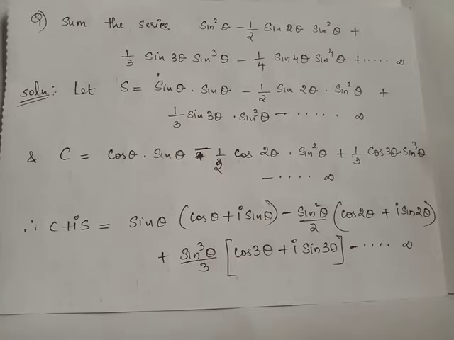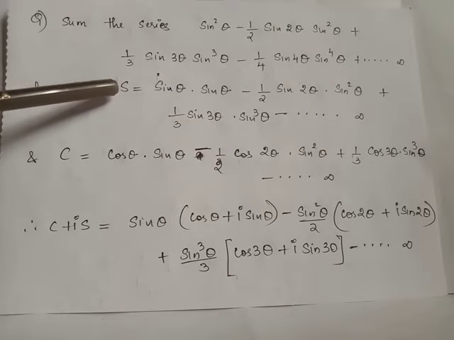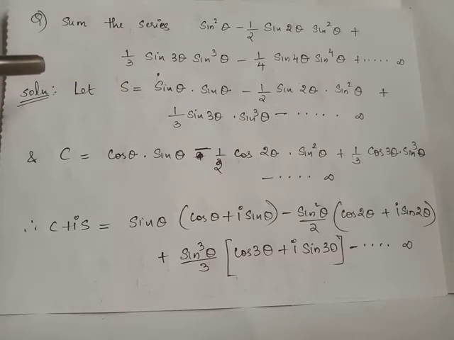Notice that we are able to group terms in this manner after multiplying the sine series S with i and adding it to the C series. That's why the LHS is C + iS.